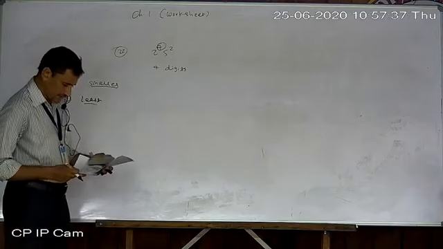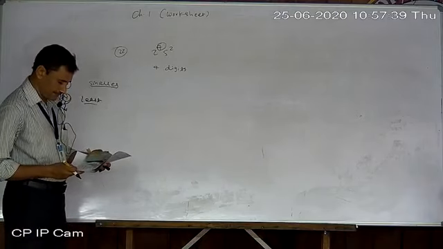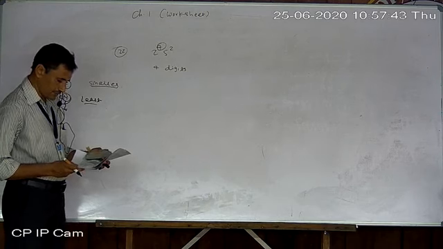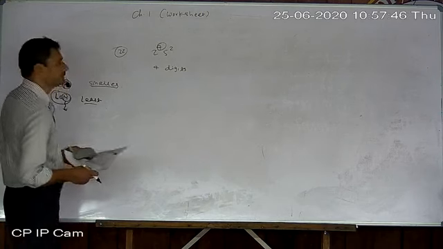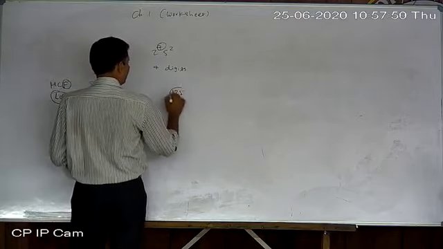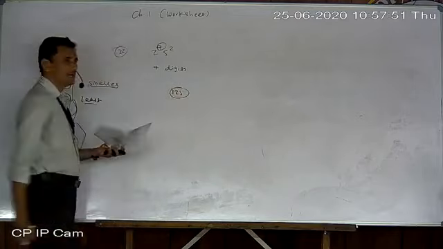Next, in 24, the decimal expansion 256 upon 125 is non-terminating repeating. Look at 125. By the denominator's prime factorization, you can decide whether it is terminating or non-terminating repeating.